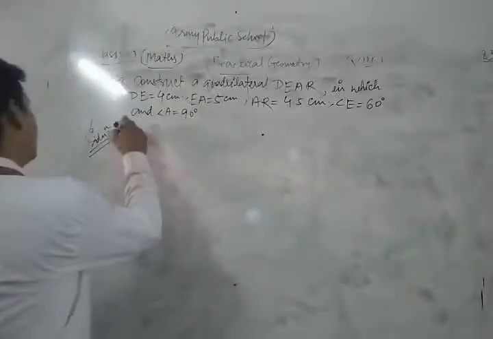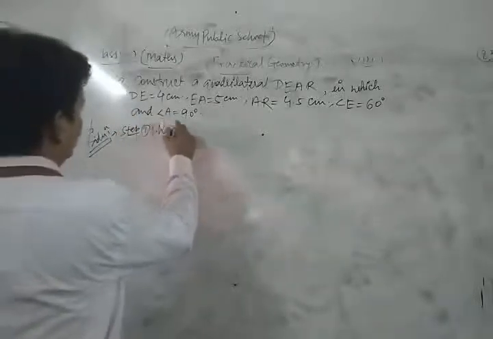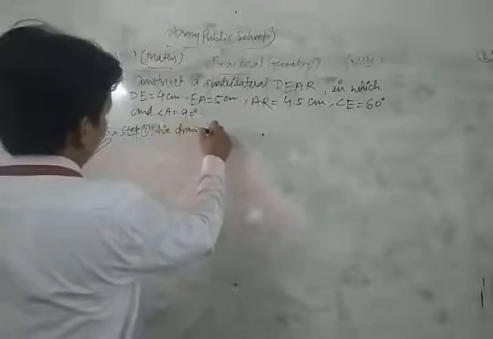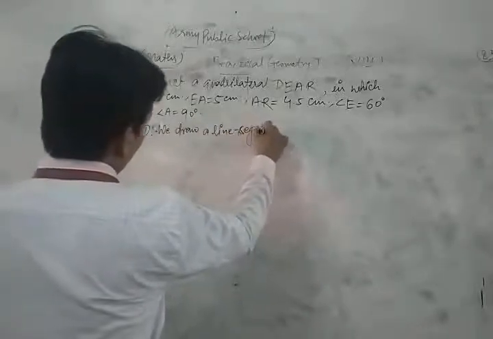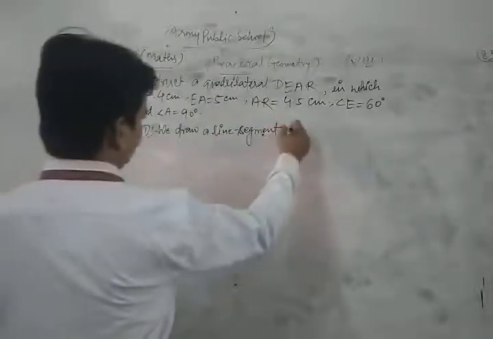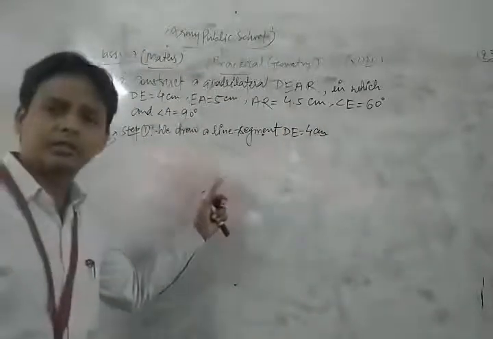We write step first: we draw a line segment DE equal to 4 centimeter. This is the first step of construction.